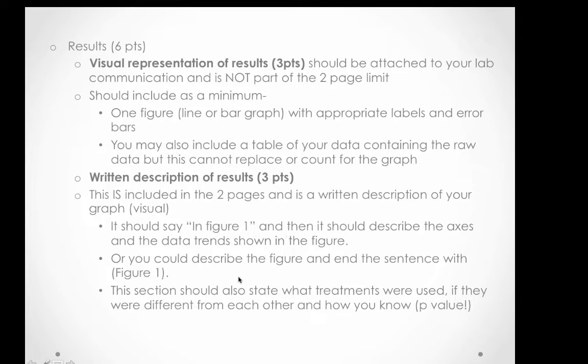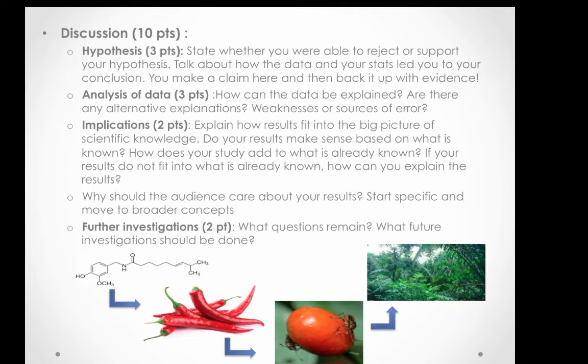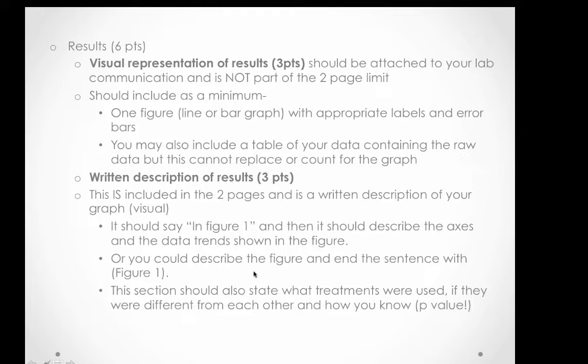Or you could describe what you see and end the sentence with figure 1 instead, if you like. You should state what treatments were used, if they were different from each other, and how you know, a p-value. Nothing about what it means, it's just a statement here. We use this treatment, light versus dark. This was statistically different. We know because the p-value was blah, blah, blah.